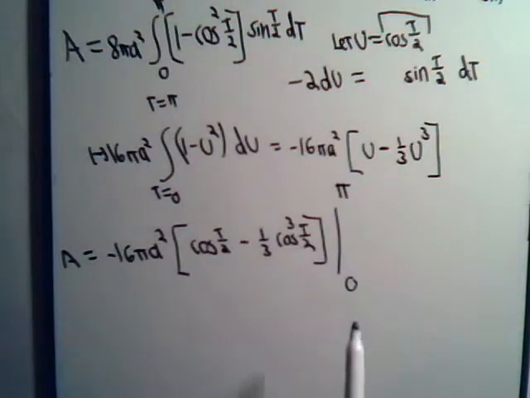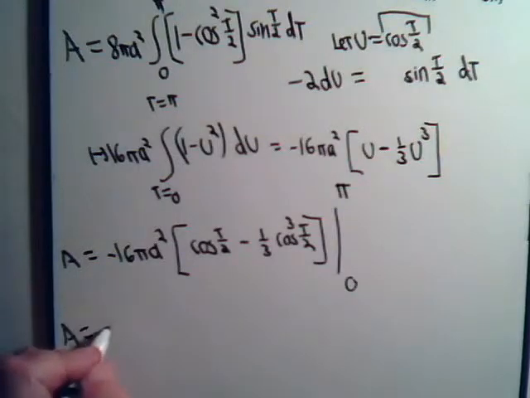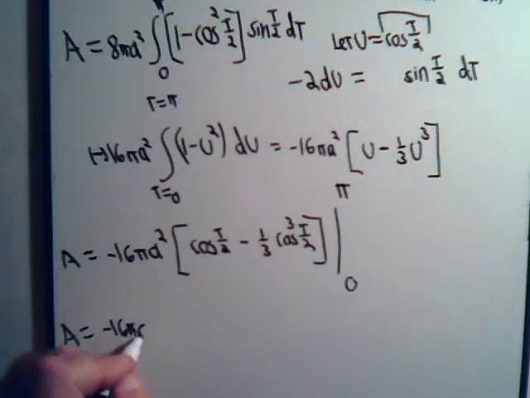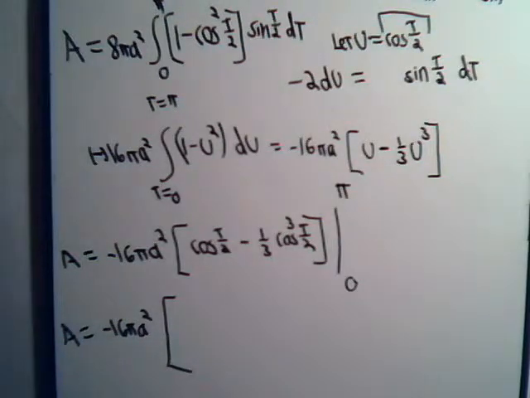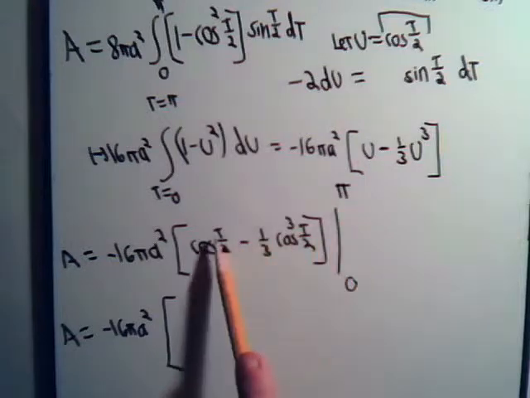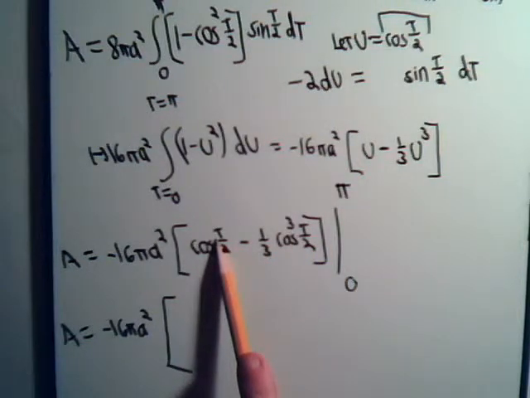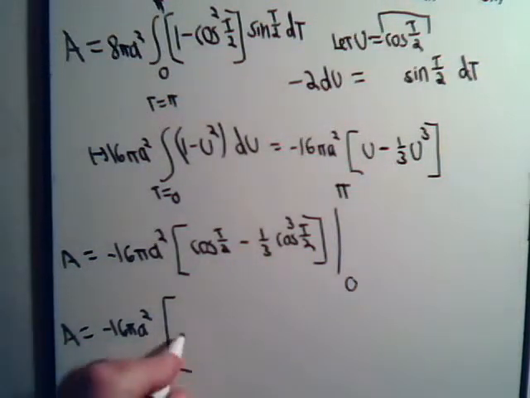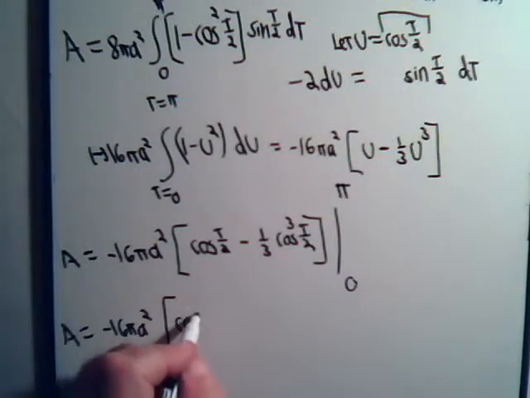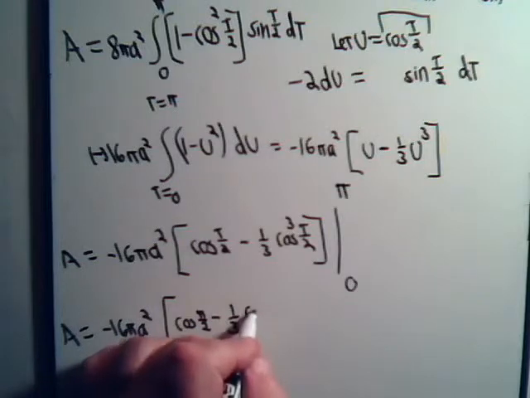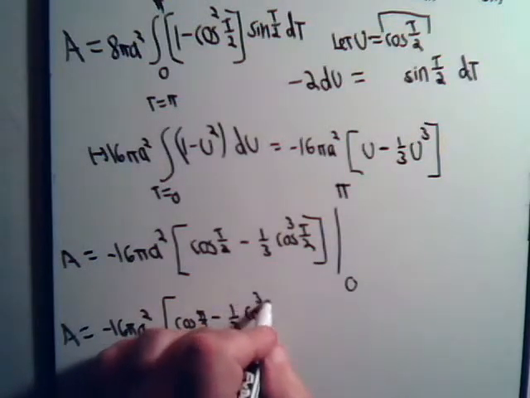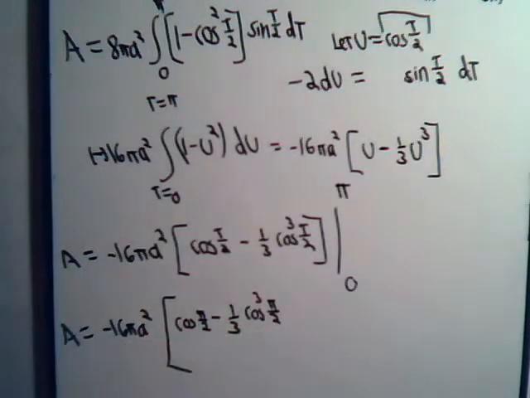If we go ahead now, a will equal minus 16 pi a squared times, t is now pi, so the cosine of pi over 2 minus 1/3 cosine cubed pi over 2.